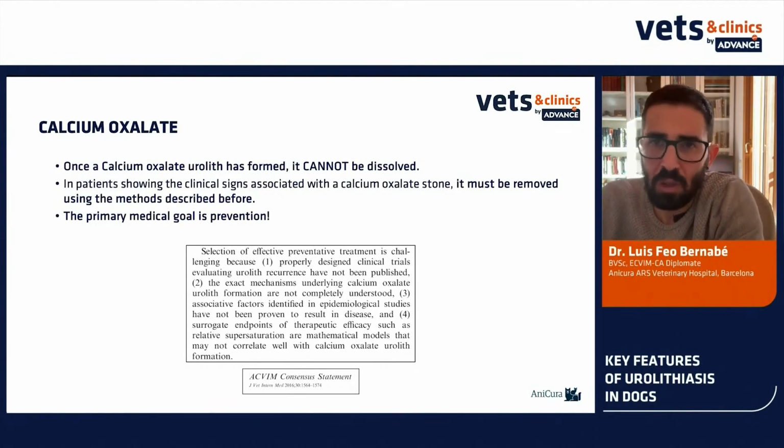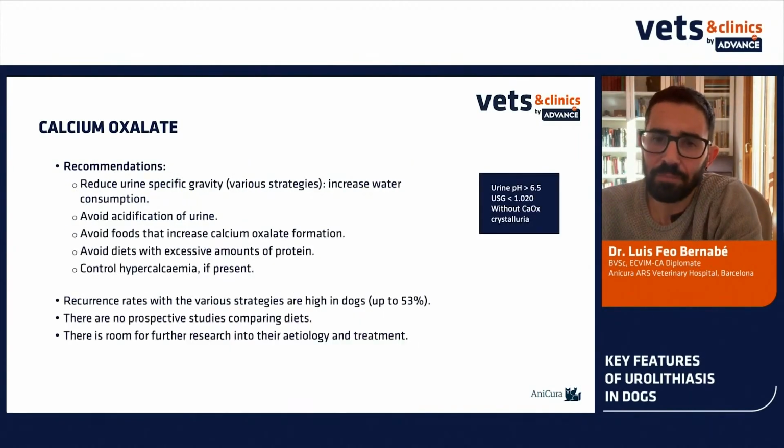Sometimes it's surgery, sometimes it could be lithotripsy, depending on the case. The primary medical goal is prevention. After you have removed the stone, or treated this patient with surgery or any other technique, you have to focus on prevention.